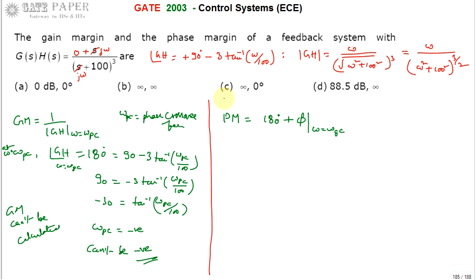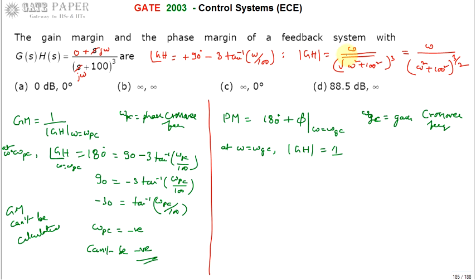Now come to phase margin. Phase margin is 180 plus phi. Phi is the phase angle at omega equal to omega GC, the gain crossover frequency, where the magnitude is equal to 1.